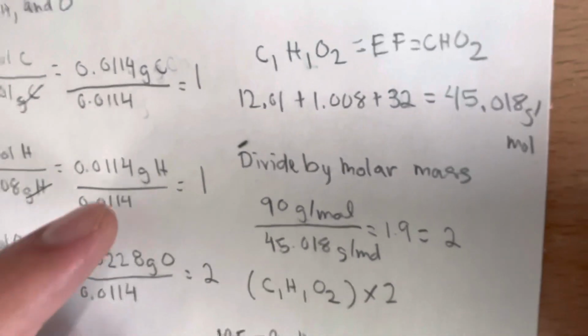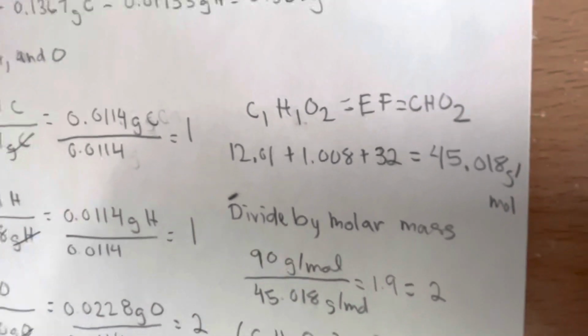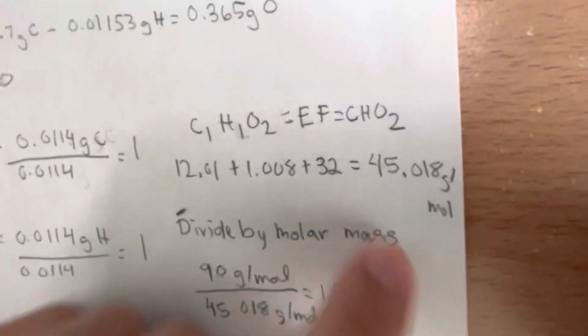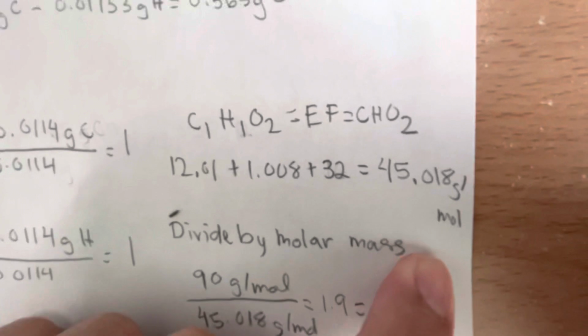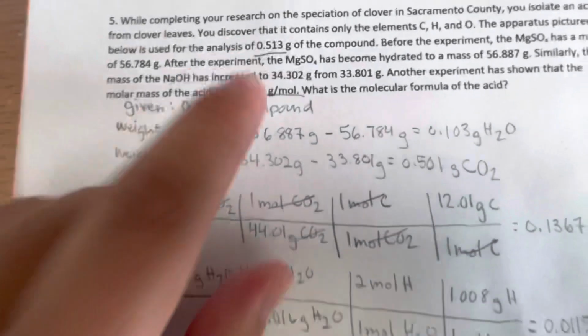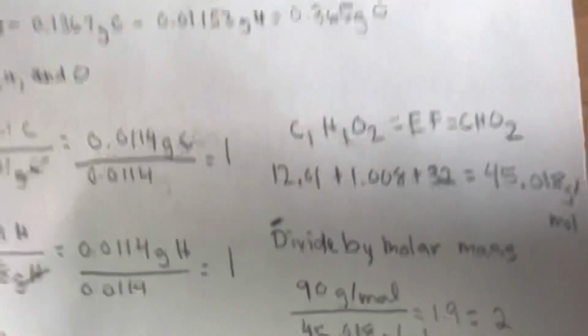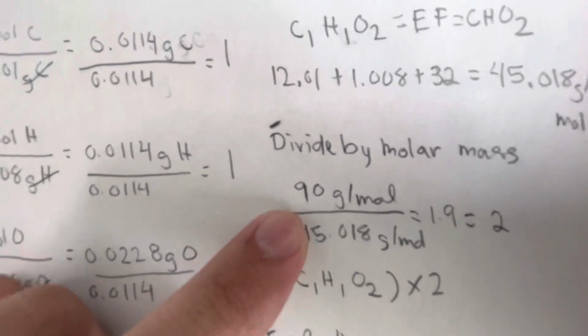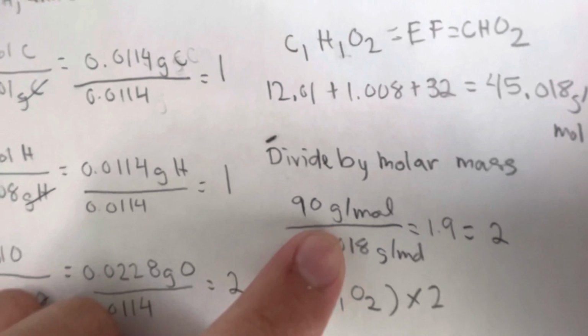And when I add all the masses together, I get 45.018 grams per mole, which is not nearly as close to 90 grams per mole.